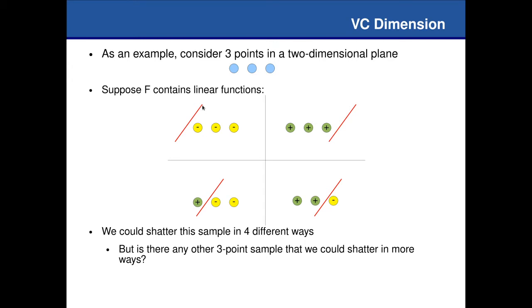If I just define my hyperplane like this, I consider every point to be negative, I could define it like this and consider every point to be positive. I could define a cut over here and have 1 positive, 2 negatives, or the opposite, 2 positives, 1 negative. That's the number of possibilities that I have for this collinear sample.